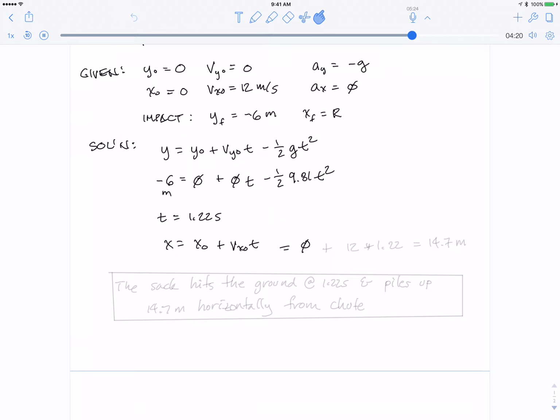So that was 0 plus 12 times 1.22, and 14.68 meters.